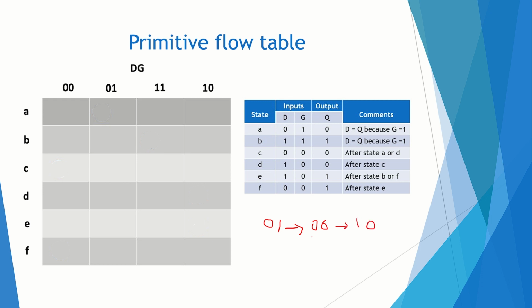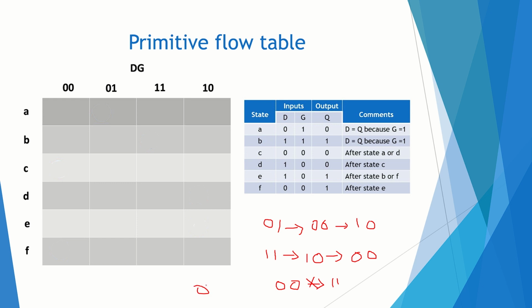Only these transitions are allowed here. Again, another possibility here: 1 1 changes to 1 0, and this changes to 0 0, and 0 0 to 1 1 is not allowed.